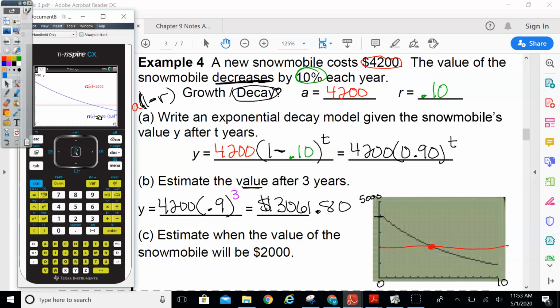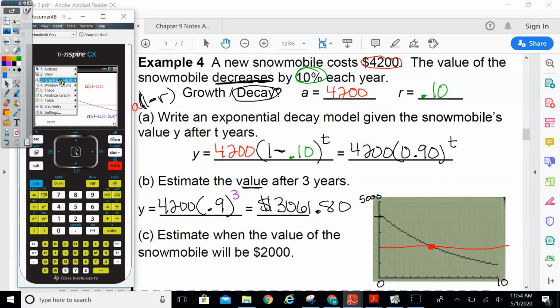And let me get these out of the way. So we're looking for the intersection here. Again, if I don't give you the graph, you just have to make sure that this number is bigger than the number you're looking for. If the max is bigger than the number you're looking for, you'll be able to see the intersection.